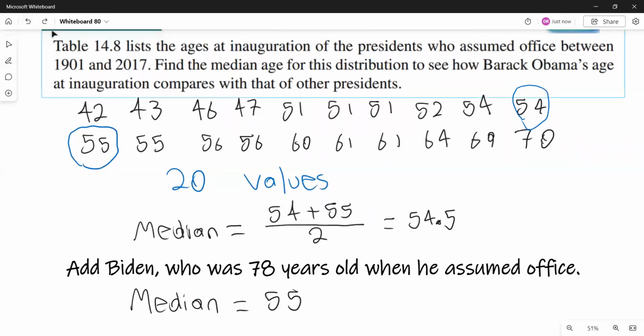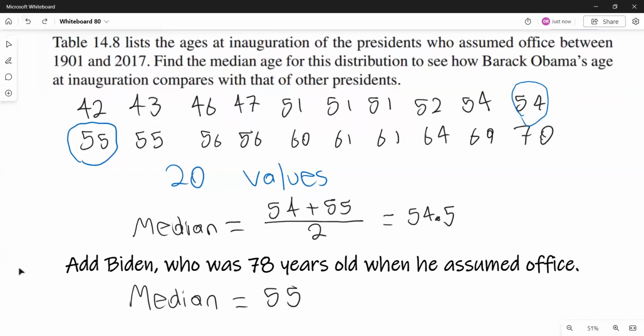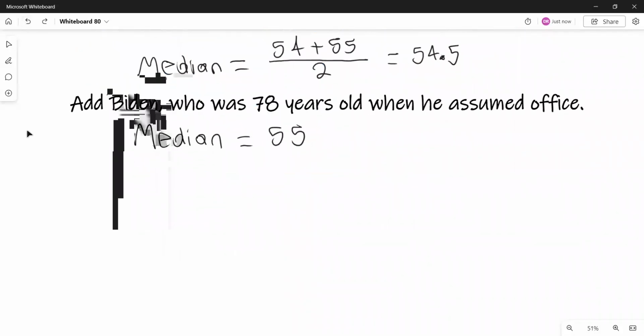Now, if you have a frequency table, you can still find the median. This is not in the book, I just remember writing this. So the next example is finding the median of a frequency distribution.